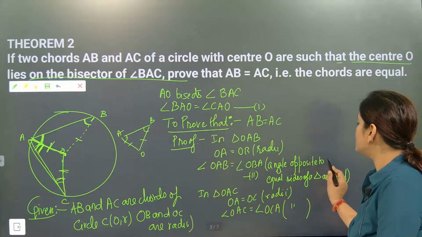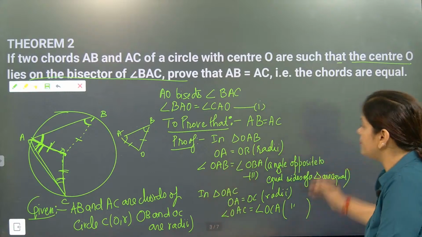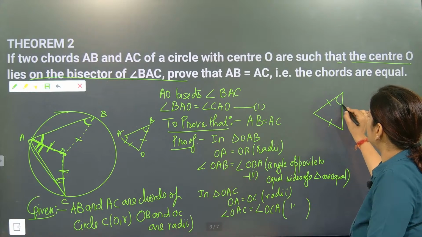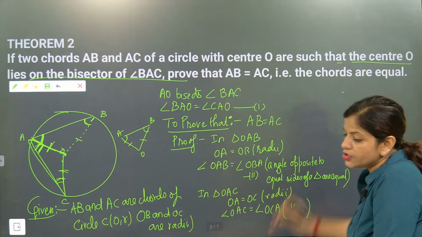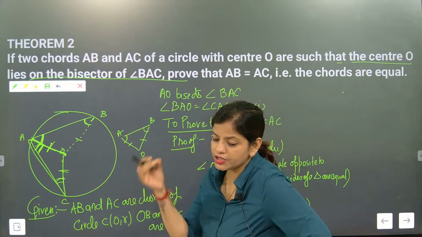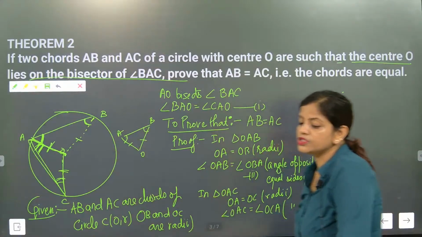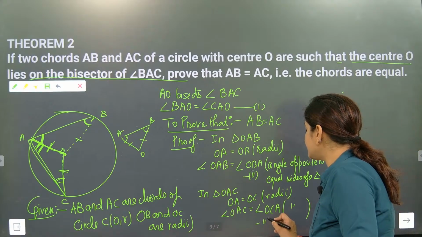The concept is simple: if this side is equal to this side, this angle will be equal to this angle. The theorem is angles opposite to equal sides of a triangle are equal. We will take it as equation 3.